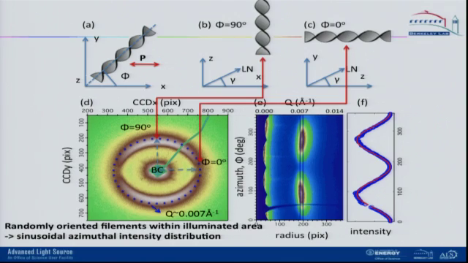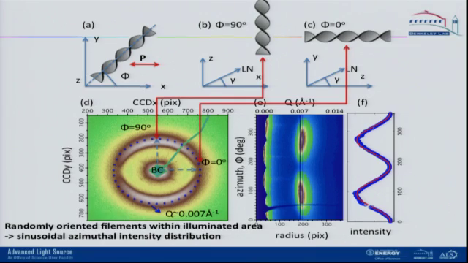So right now the model is that within the illuminated area, you have a combination of filaments, say vertical and horizontal. If you have a filament vertical, with linearly polarized light in this direction, you expect to see a scattering peak like here and down here, really strong.